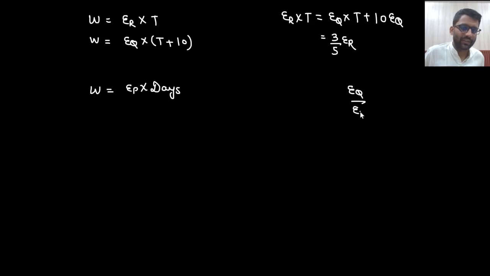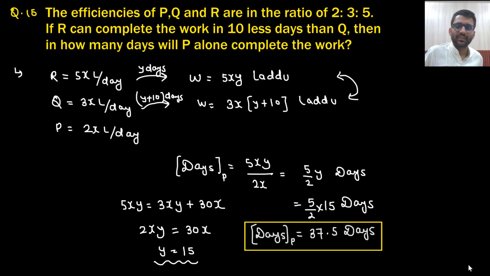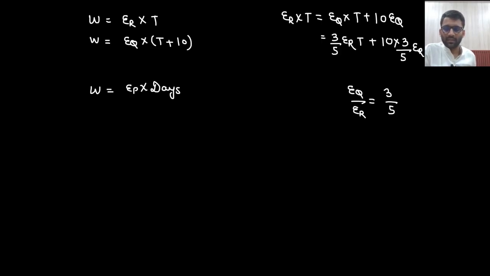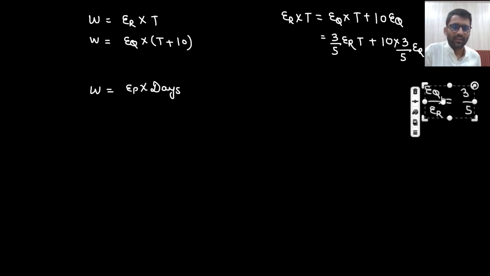Efficiency of Q divided by efficiency of R is 3 by 5. So efficiency of Q into time T is equal to 10 into 3 by 5, again efficiency of R, right?